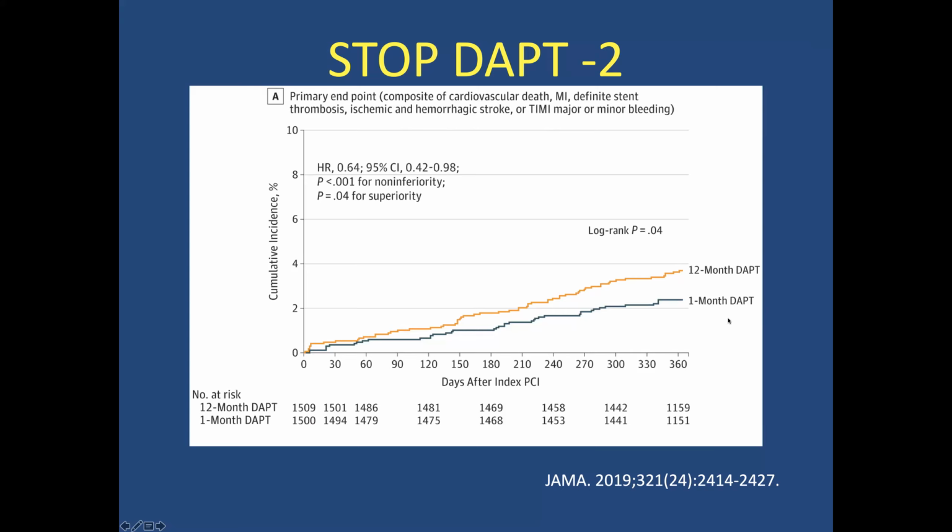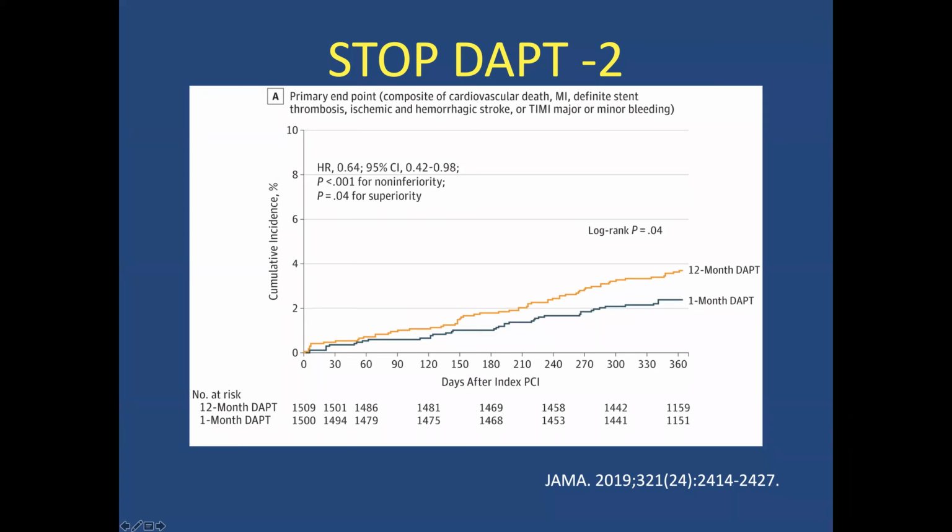This was driven primarily by the difference in bleeding, but overall the primary endpoint, which was a composite of vascular events and bleeding, was decreased in those patients who were treated with clopidogrel and aspirin for 1 month, followed by just 11 months of clopidogrel, versus 12 months of dual antiplatelet therapy.